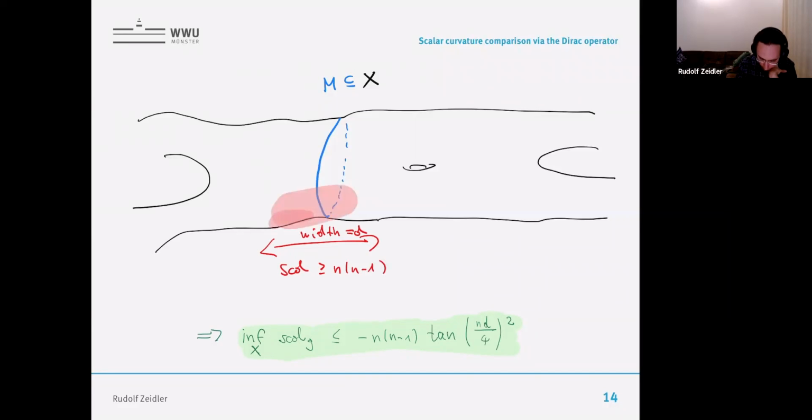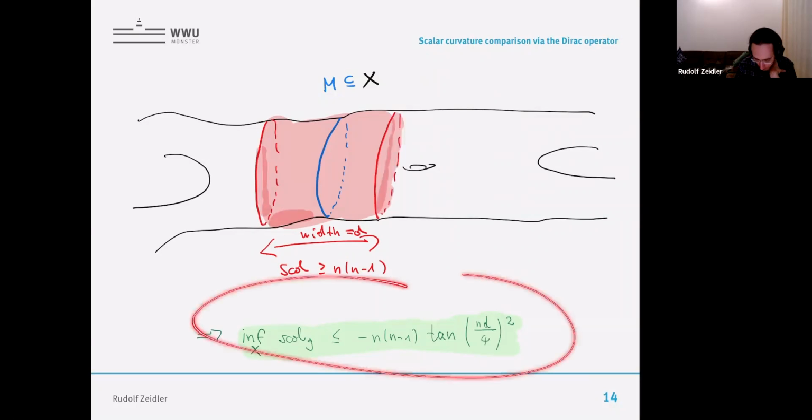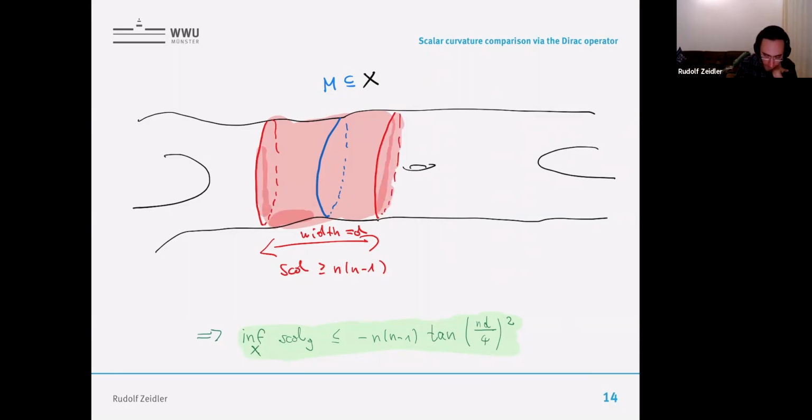This happens here. And then the statement is, as I said, that the scalar curvature as a whole somewhere must become negative, and the infimum is bounded above by this. And of course, this means that this must be achieved or approximated somewhere on the outside, because here I have assumed that it's positive.